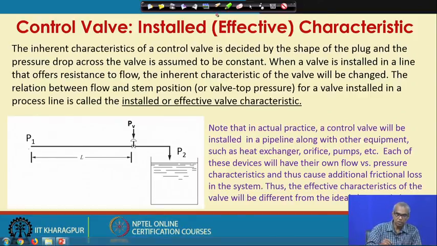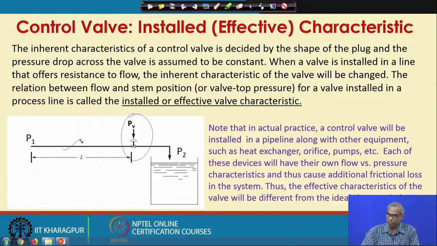So, as the diagram suggests, this is the control valve which is installed in a line. And that is what will happen in reality. The control valve will be installed in a pipeline along with other equipment such as heat exchanger, orifice, pumps, etc. Each of these devices will have their own flow versus pressure characteristic and thus cause additional frictional loss in the system.